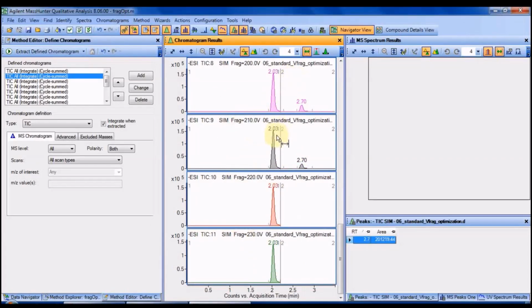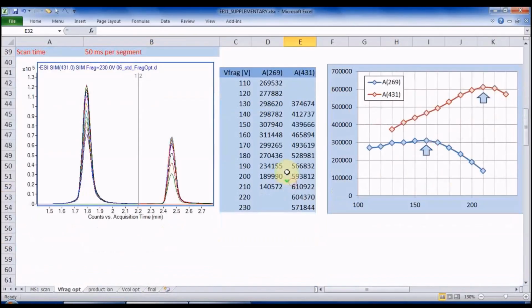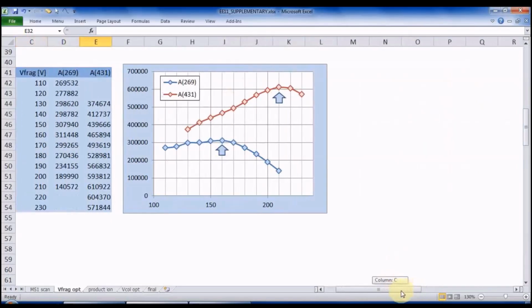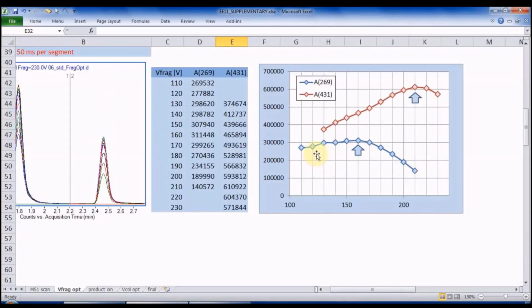We read peak areas and then plot them versus fragmentor voltage. We can see that with increased fragmentor voltage, the signal intensity rises, then drops again.